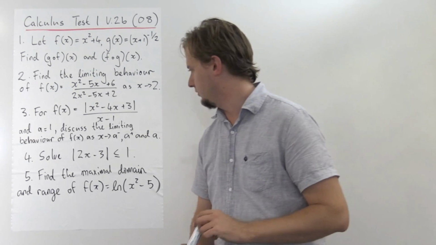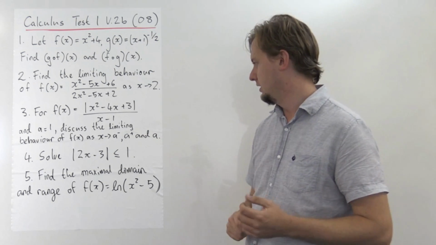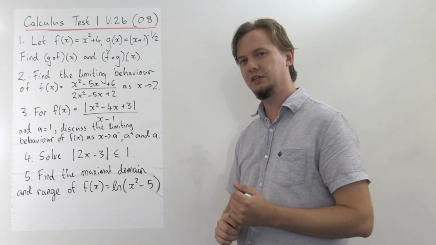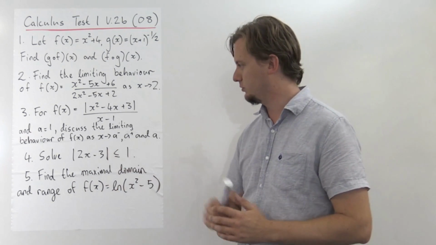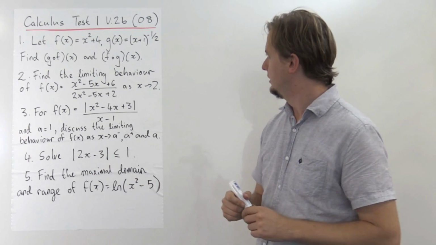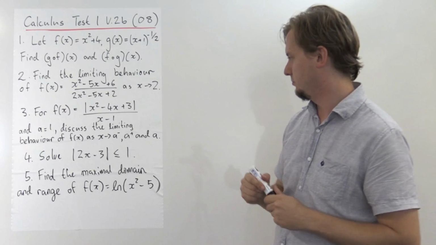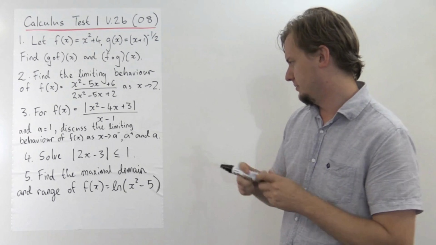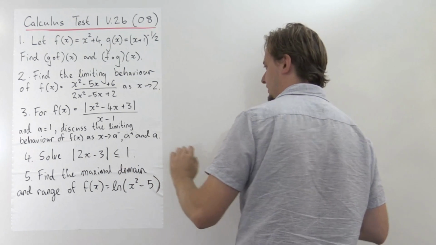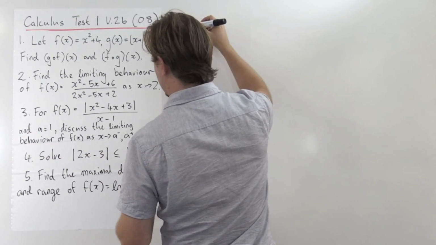Okay, so question 4. This is a very simple one. You have an inequality here you would like to solve. Would you like to describe all the points x which satisfy this inequality? Still a little bit wet, but I'll try my best. So firstly, I'm just going to restate the problem here.